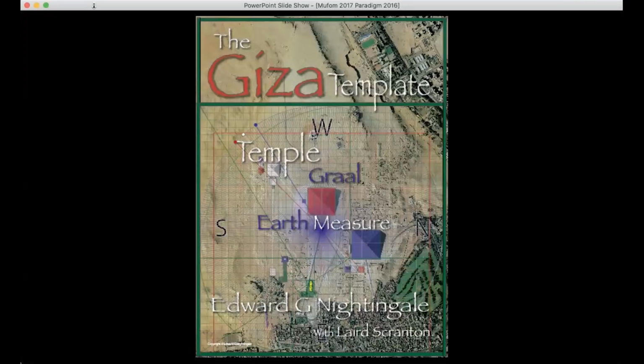We're talking with you guys, and I put my book out in 2014, The Giza Template: Temple, Grail, Earth Measure, and my good buddy Laird Scranton helped me out with it. I found it very difficult to try to write or explain this information in a book.